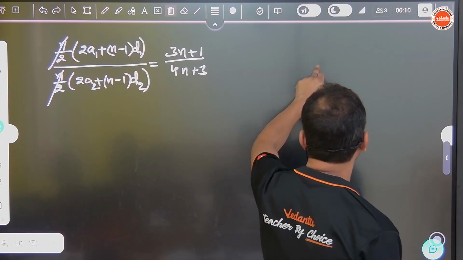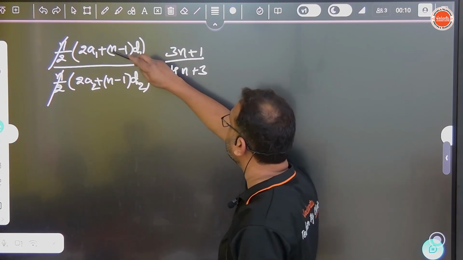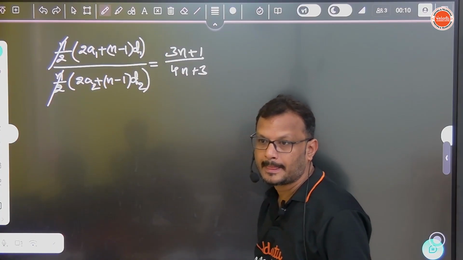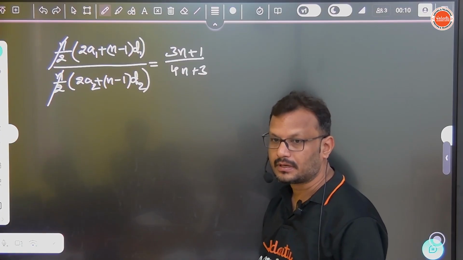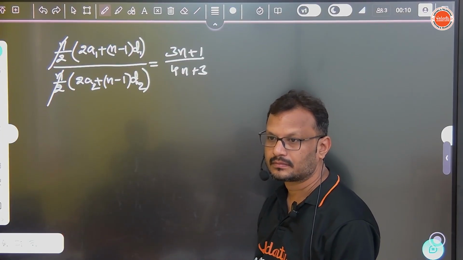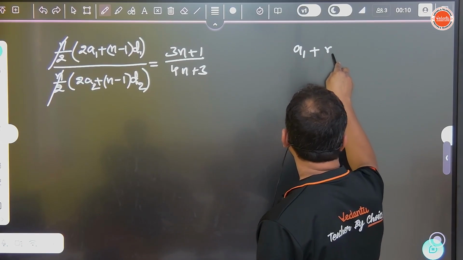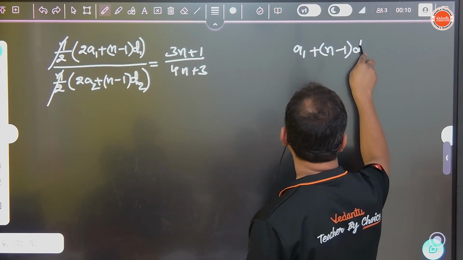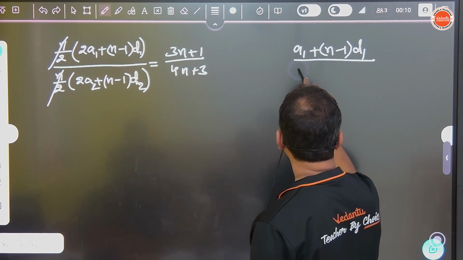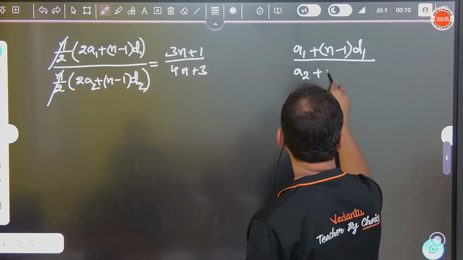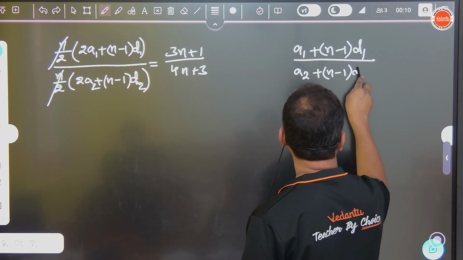For example, take the first AP. Tell me what is the nth term? a1 plus n minus 1 into d1, by second AP a2 plus n minus 1 into d2.